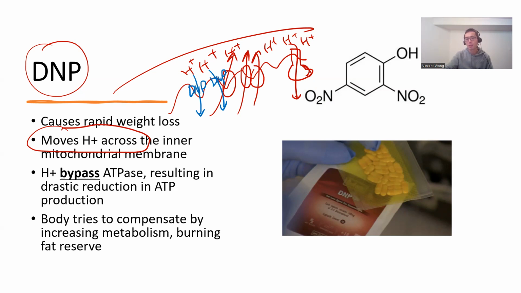Okay. So it turns out it's very poisonous. If you get accidentally exposed to it, you're probably going to be fine. But if you continuously take it, you could die. And people did die, so they banned this thing now.